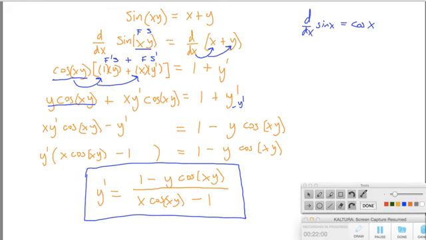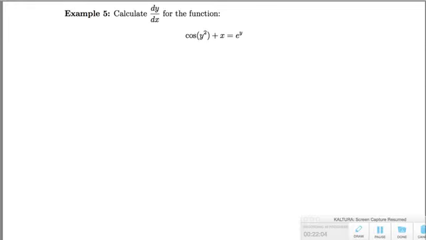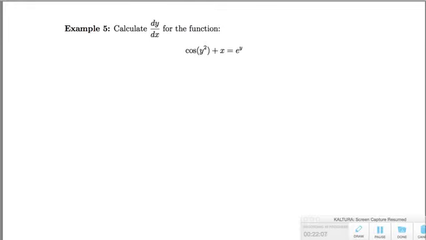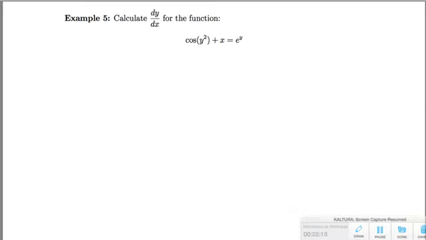Let's try another one. So we're trying to get a derivative here. It'd be a good idea to use implicit differentiation.